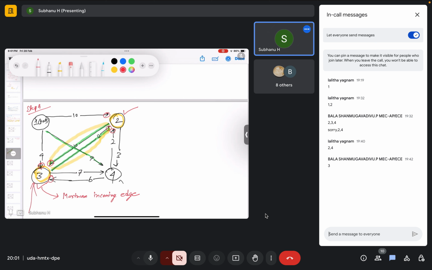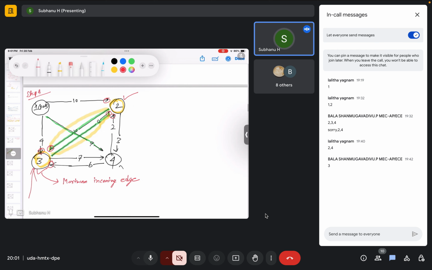So what we do, we first randomly pick one circle. We have two circles here, so we randomly pick one circle.